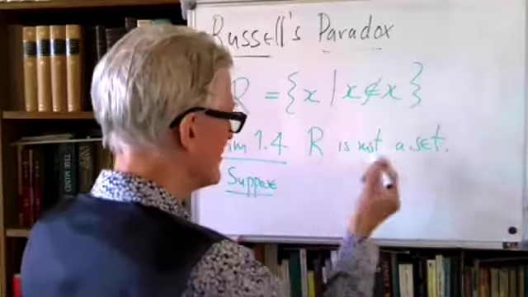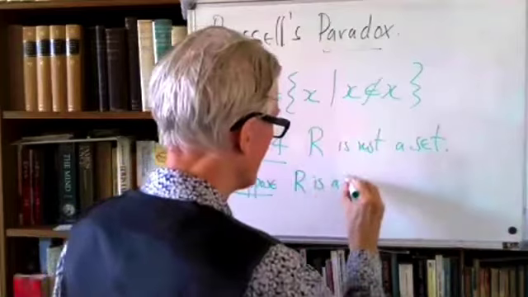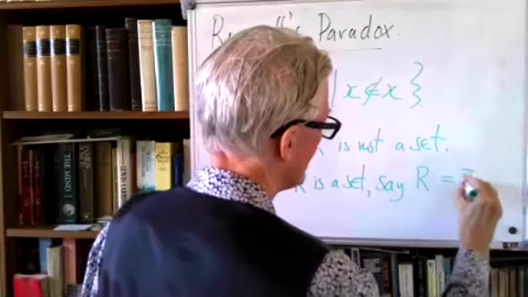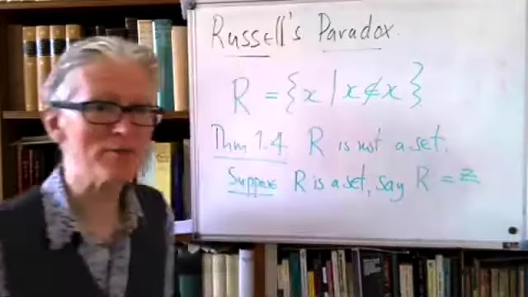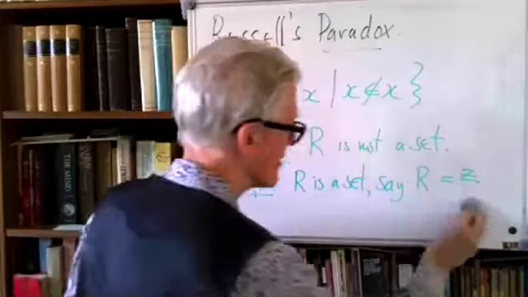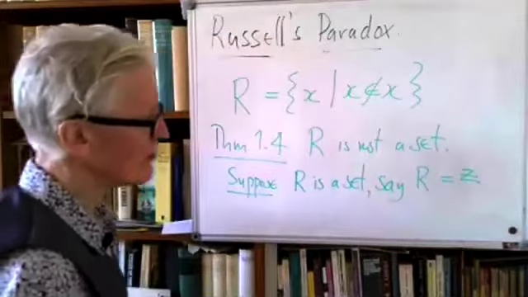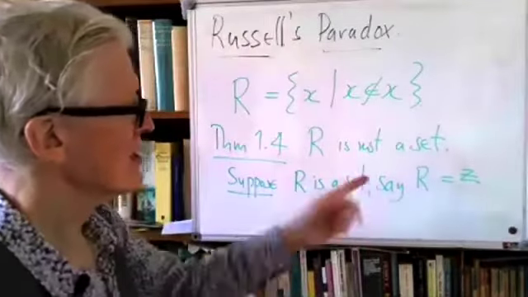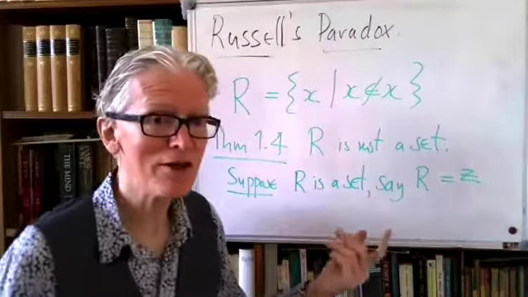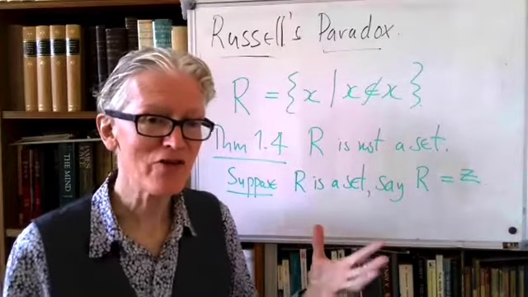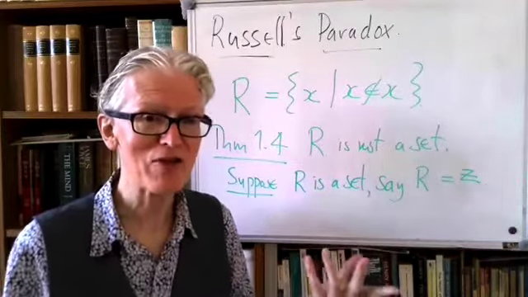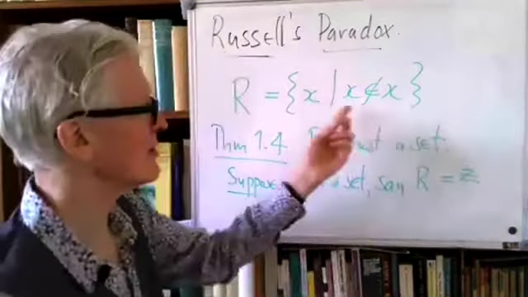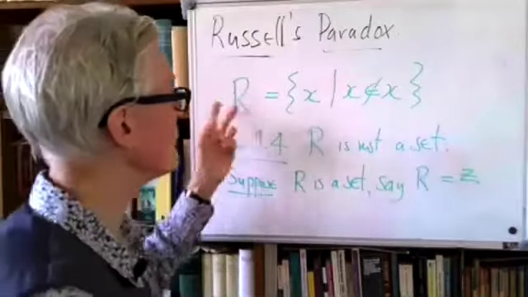So suppose R is a set. Suppose it's the set Z. You then ask the question: is Z a member of R? Now, most sets are not members of themselves. The set of cows in the field is not a cow in the field, it's an abstract object. So this is a pretty large class.